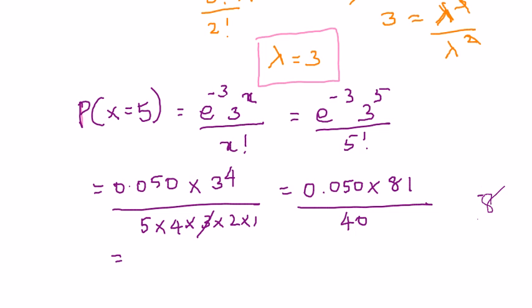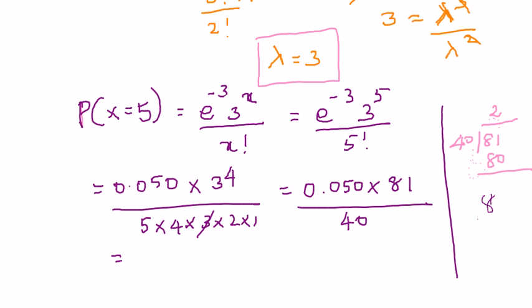So I think in the rough column I'm going to multiply 81 with 40, right? So I'll just put that 0 here. 4 1s are 4, 8 4s are 32. Oh, sorry. We have to do 81 by 40, right? So 81 divided by 40 is 40 into 2 is 80.